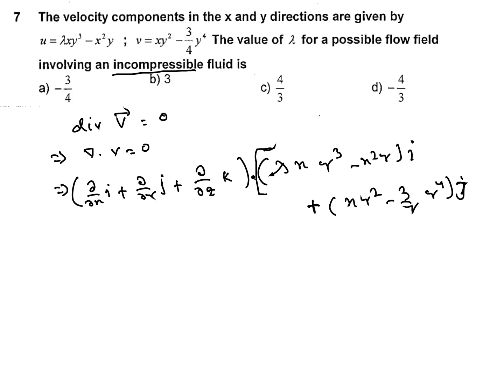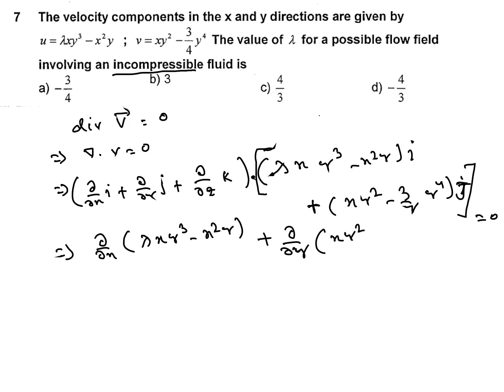So del by del x of lambda xy cubed minus x squared y, plus del by del y of xy squared minus 3y to the power 4, for incompressible fluid.